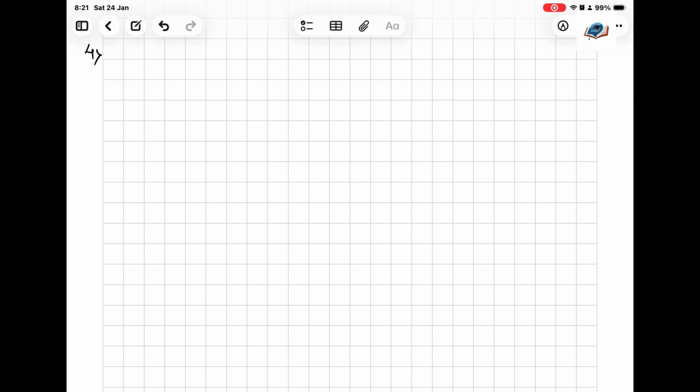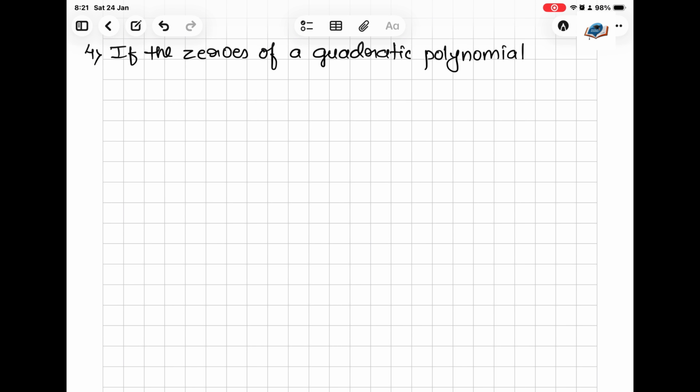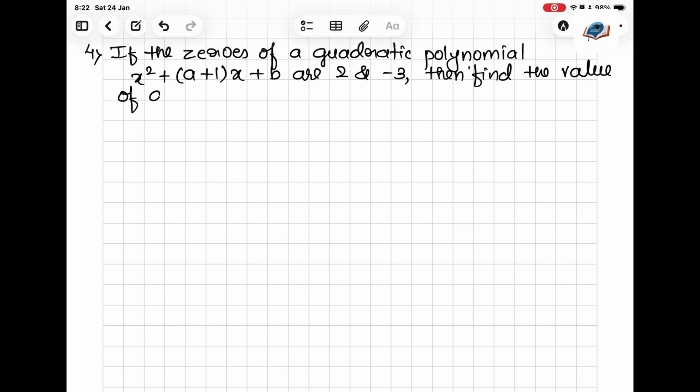Now, fourth question says, if the zeros of a quadratic polynomial, that is x square plus (a plus 1)x plus b, are 2 and minus 3, then find the value of a and b.